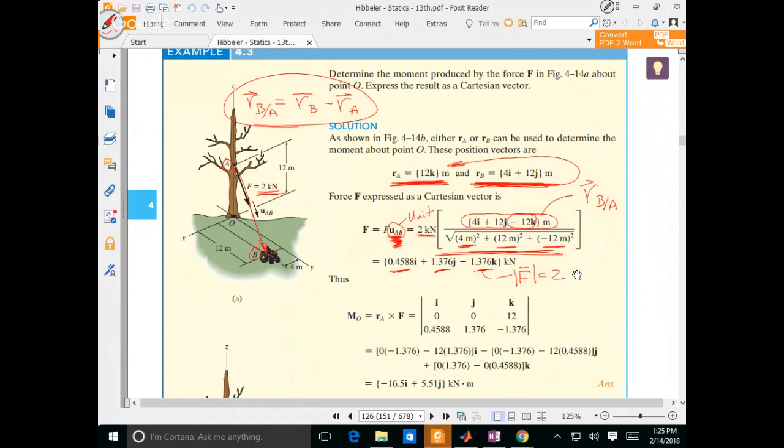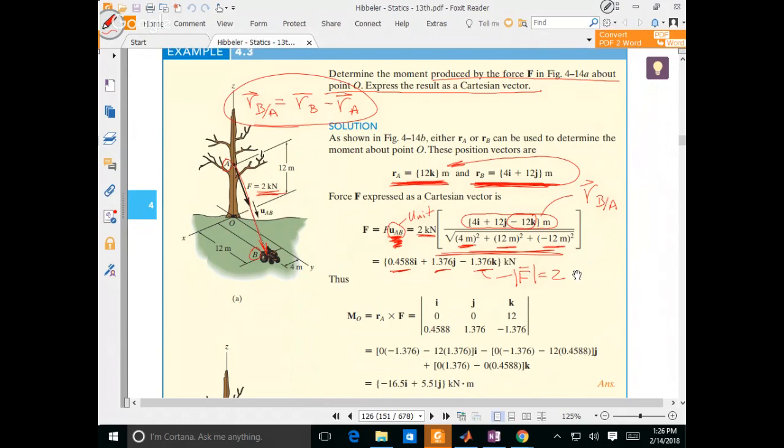The next key is, okay, I need to find the moment. Well, first of all, determine the moment produced by the force about point O expressed as a Cartesian vector. So let's do something interesting here now. What he has done, this to me is exceedingly annoying. But you'll see me be annoyed a little bit occasionally.